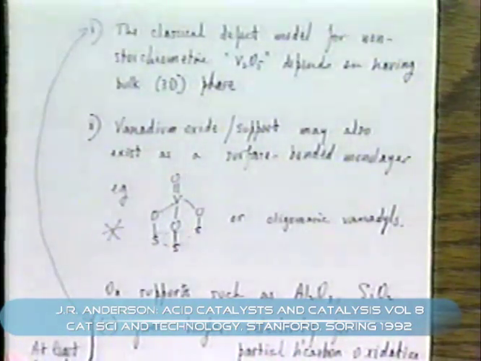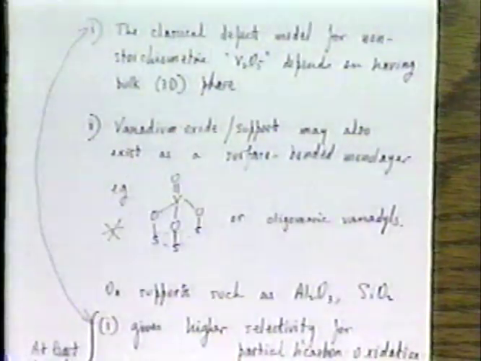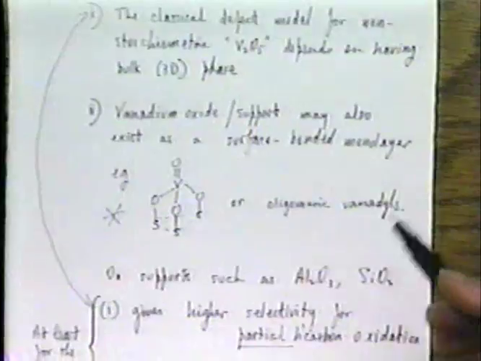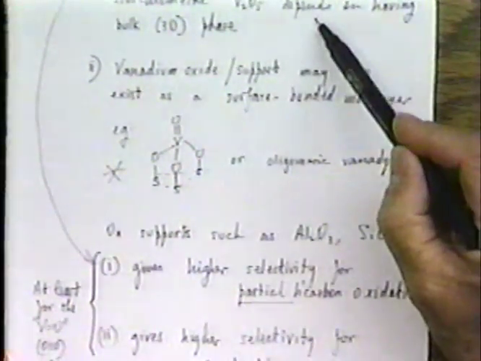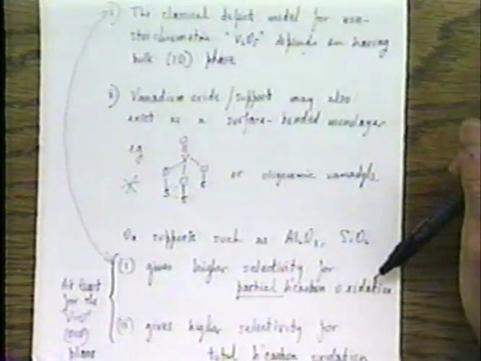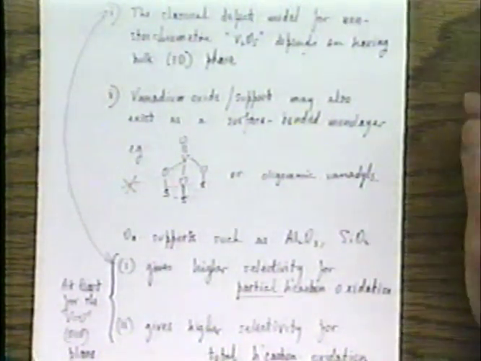We'll return later on, when we're dealing with molecular catalysts, to say a little bit more about that style of material, but I just want to point out to you that A, it's possible, and B, it doesn't necessarily give the same sort of catalytic behavior as does the corresponding extensive phase. And I've illustrated this with regard to V2O5, which we were dealing with in the last lecture, by and large functions as a partial oxidation catalyst.